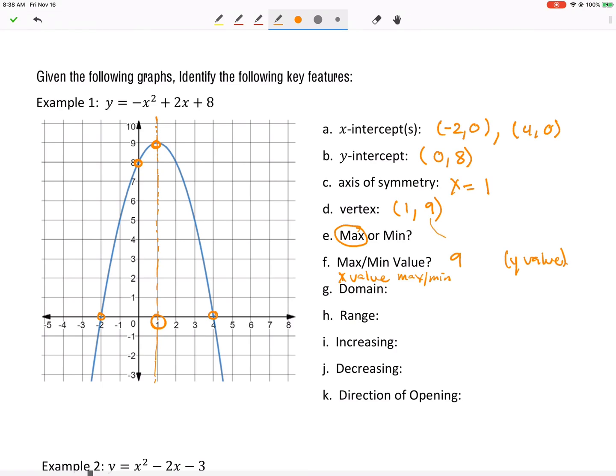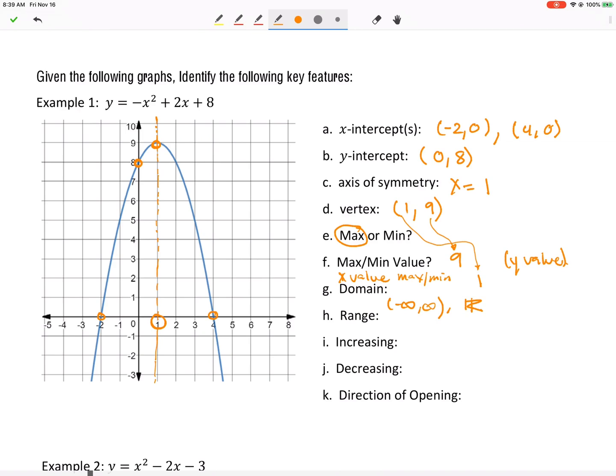So like we said, our max or min value is our y value, and our x value that maximizes or minimizes the function is always going to be our 1, the x value in our vertex.